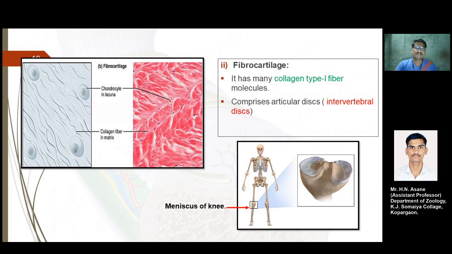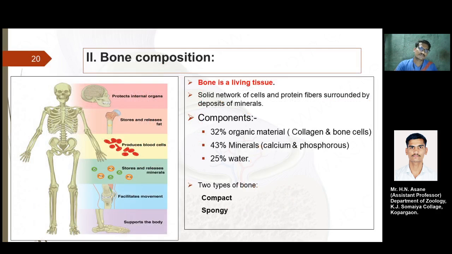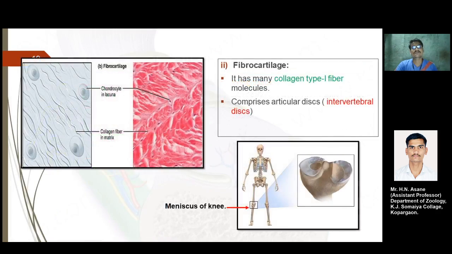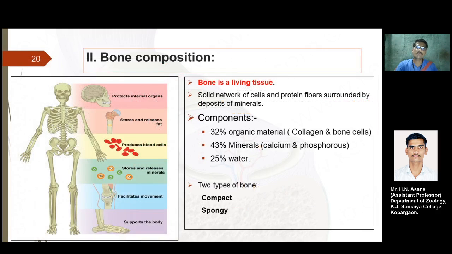Okay, then we are shifting towards the second component of the skeletal connective tissue, the bone. So let's see the bone composition. What is bone made up of? Firstly, bone is a living tissue.